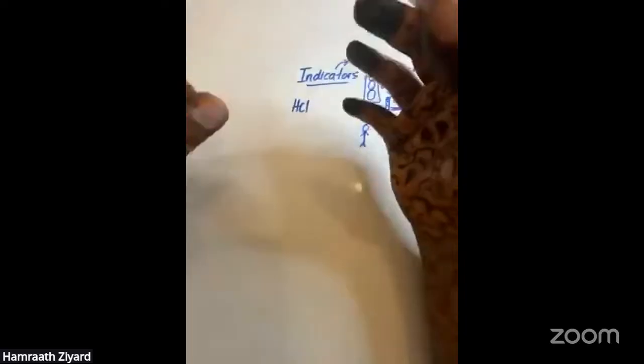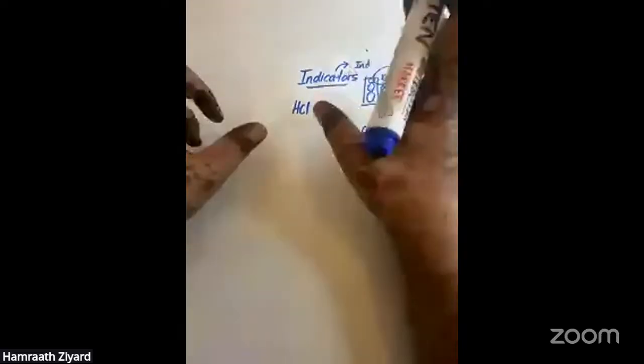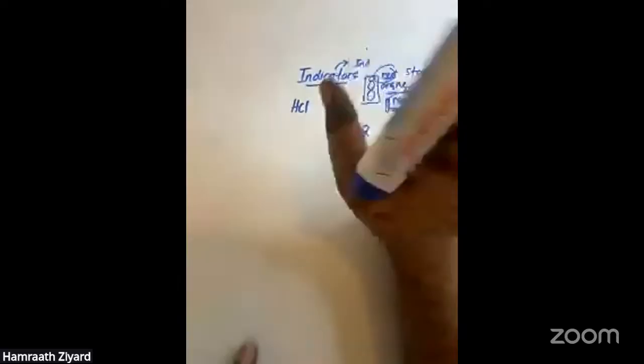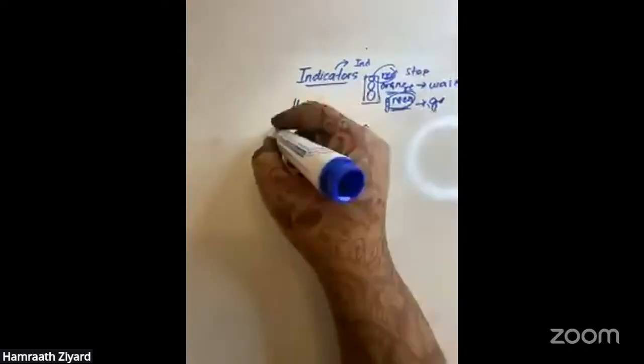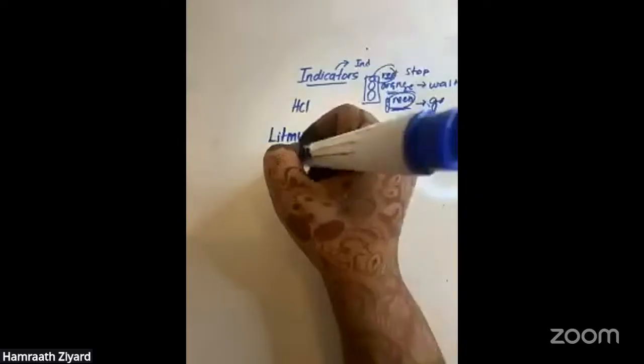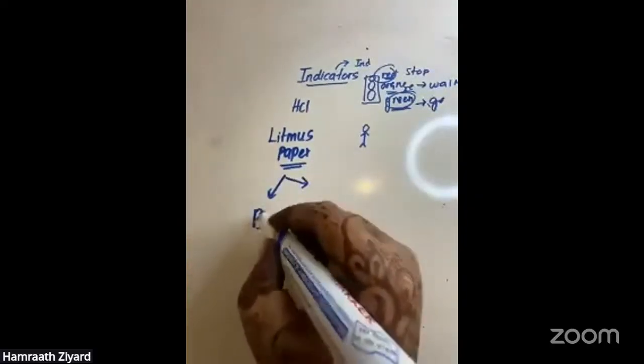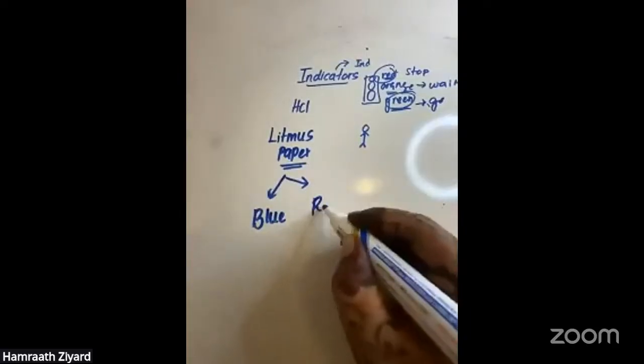So we are going to study the indicators which are present in your lab. The first indicator that we are going to learn is litmus paper. You have two types of litmus paper. One is a blue litmus, another one is a red litmus.